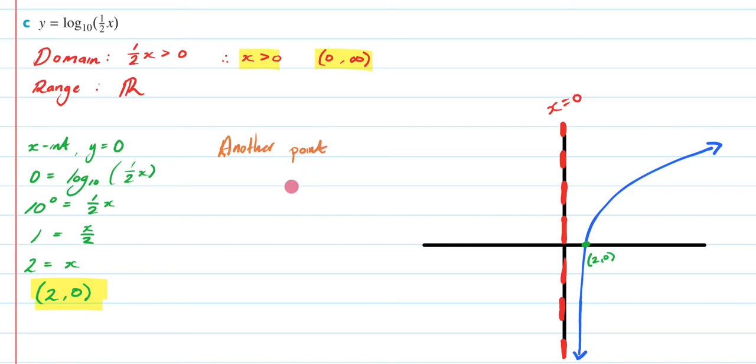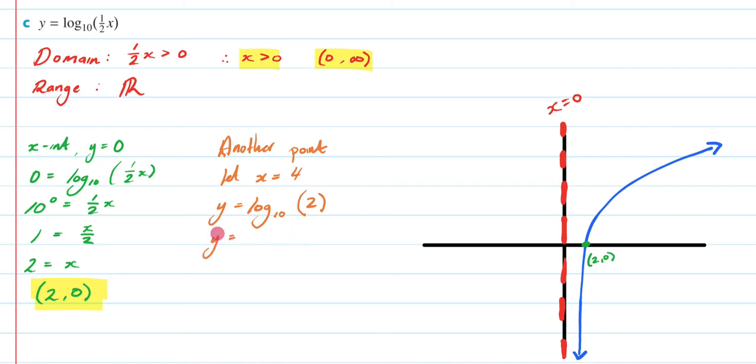Let's find it for when x equals 4. So let x equal 4. That means what we're going to end up with is y equals log 10 of, I'm going to put 4 into this, so it's going to be 4 times a half, which is going to be 2. Now I'm going to have to use my CAS calculator to solve this.